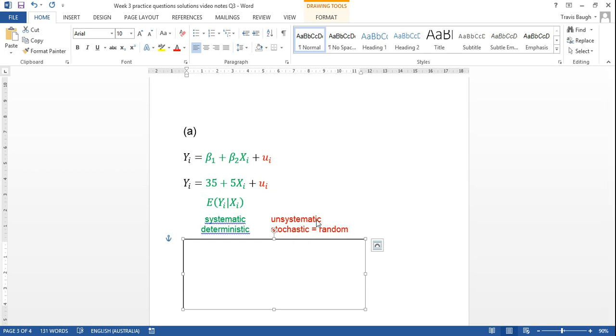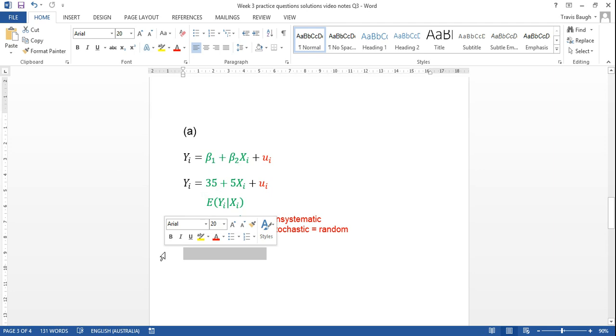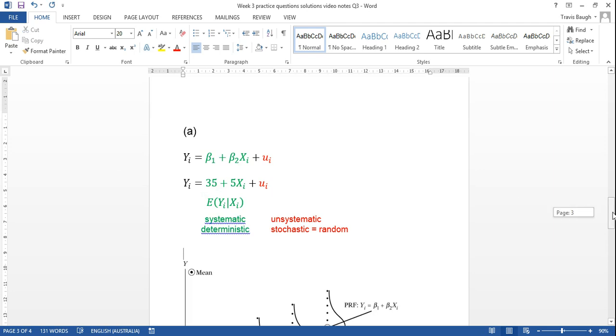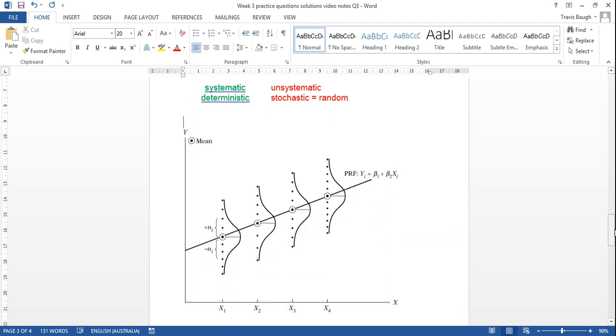And if you look at it graphically, this systematic component produces the component of y that is on the population regression line, and then this stochastic or random component is the part which pushes the y observations that we see off that regression line. And here's a diagram illustrating that.